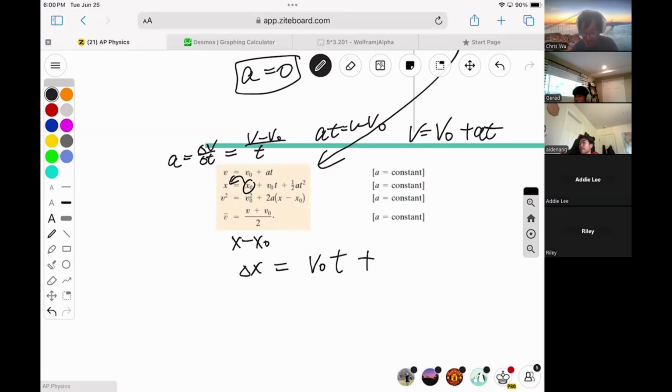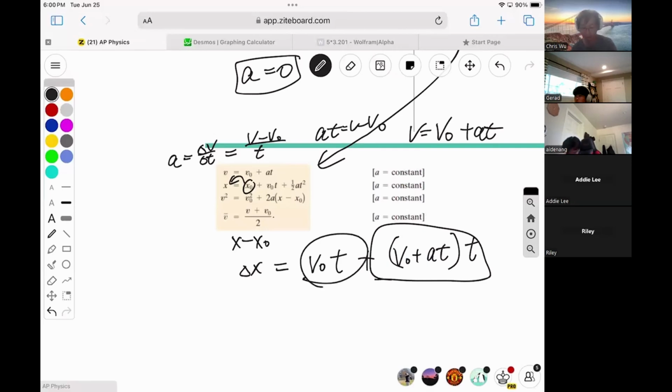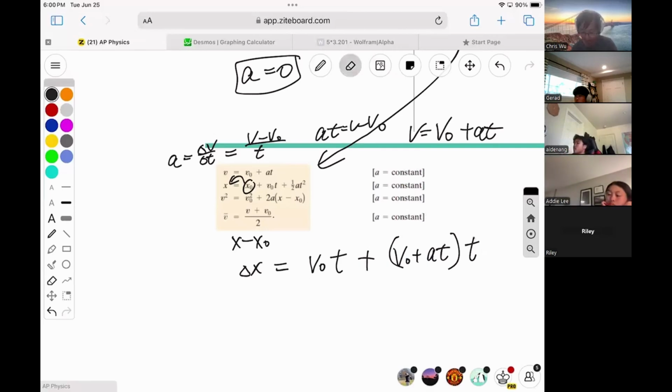What's my end velocity? My end velocity is going to be my v naught plus at, right? That's kind of like my vf. v equals v naught plus at. That's the first equation that I have. But then that's not the entire time I'm traveling at that speed. The entire time I'm not traveling at the initial velocity either. So we need to find the average between that.